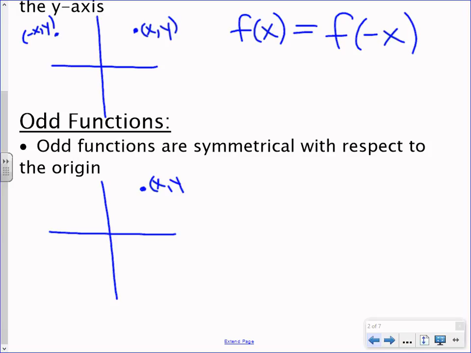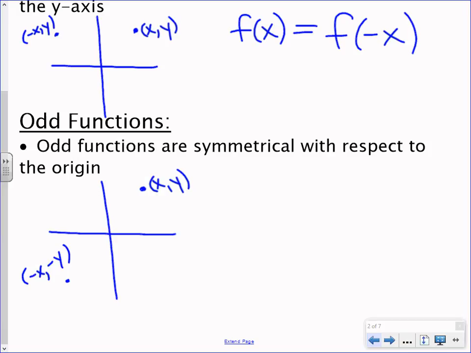If the coordinate x, y is on our graph and we have origin symmetry, which other coordinate is guaranteed to be there? Negative x, negative y. So now this gets a little bit more complicated, right?